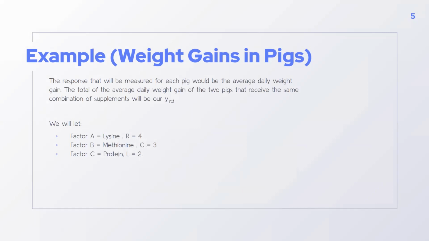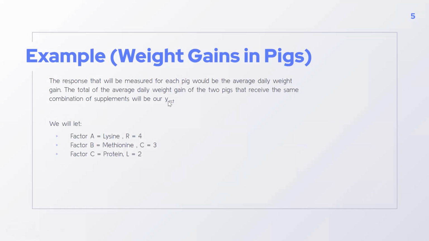So, the response that will be measured for each pig would be the average daily weight gain. The total of the average daily weight gain of the 2 pigs that receive the same combination of supplements will be our Y sub RCL. Itong Y sub RCL po na ito po yung laman ng cell ng table natin.